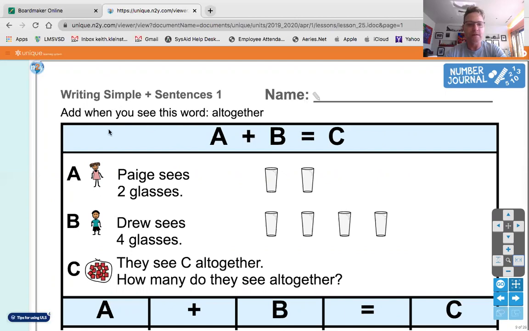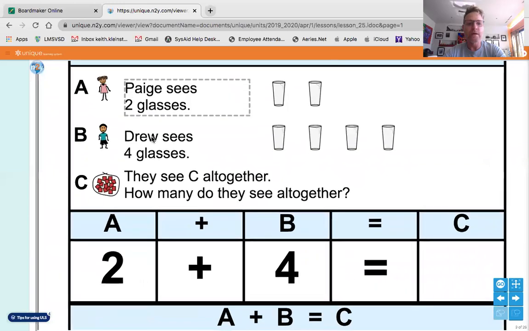When you see the words all together, A plus B equals C. Paige sees 2 glasses. 1, 2. Drew sees 4 glasses. 1, 2, 3, 4. They see C together. How many do you see all together?